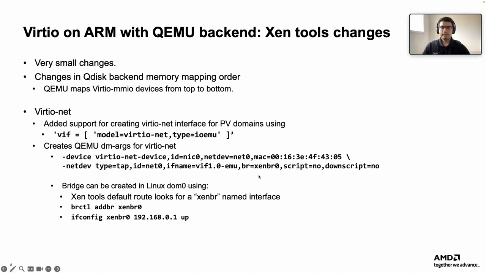It needs a bridge to connect the virtual network to the actual physical network interface, which is located in dom0. So for that, we are using the brctl tool to create a bridge with the physical network interface so that the virtual network in the guest domain can connect to it and access the network.